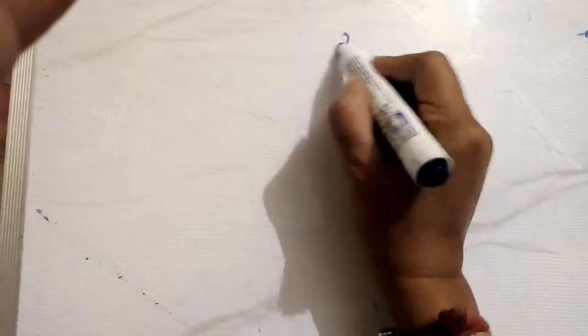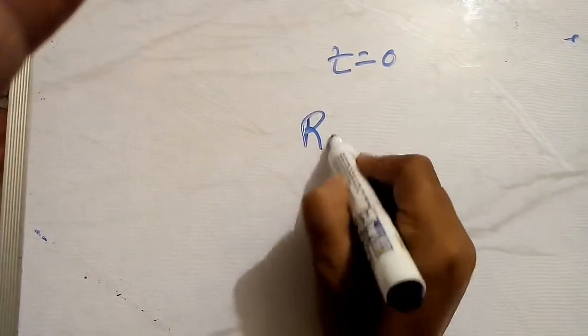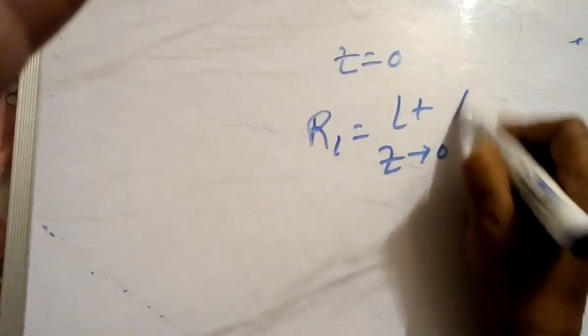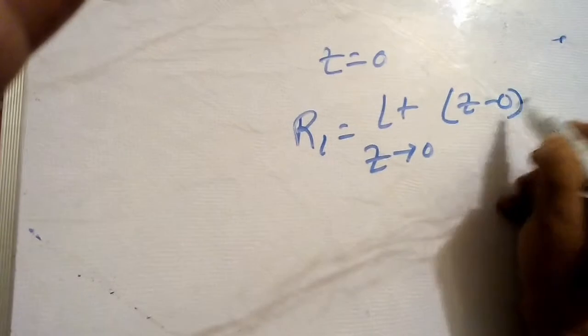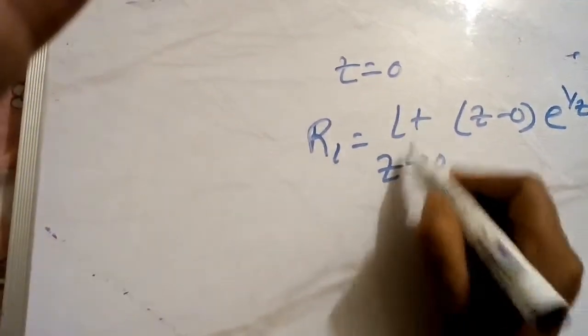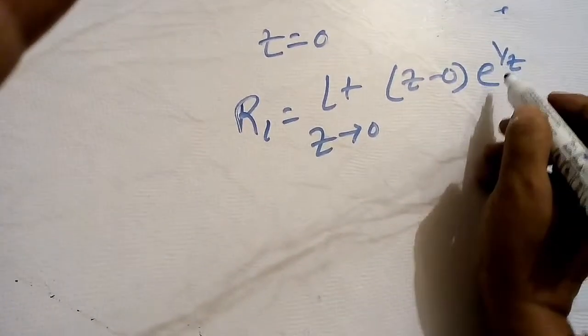Because we consider z equal to 0 as a simple pole, and the formula is r1 equal to limit z tends to 0 of z minus 0 into the function. The formula for a simple pole is limit z tends to alpha of z minus alpha times f of z.